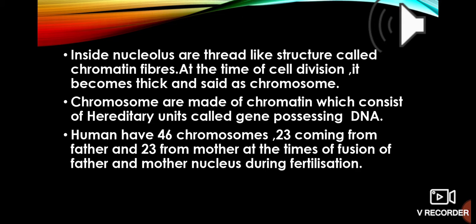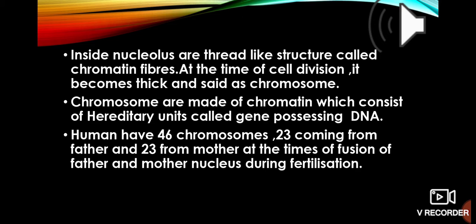What is the process of fertilization? The fusion of the male and female cell to form a zygote. Now, genes are the structures which are transferred from the parent to the child. That's why the child looks similar in appearance to the parents.